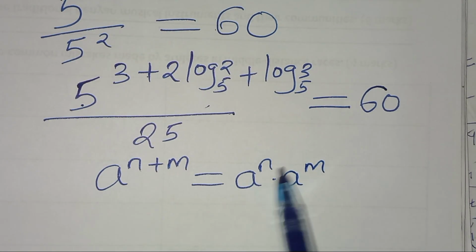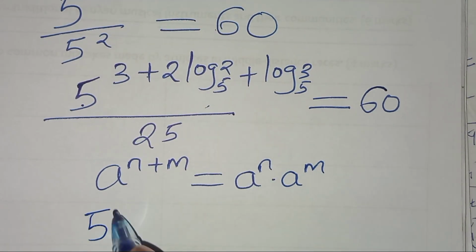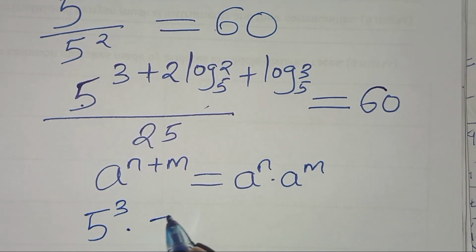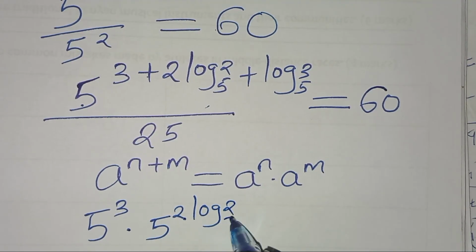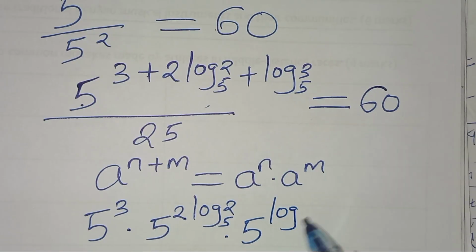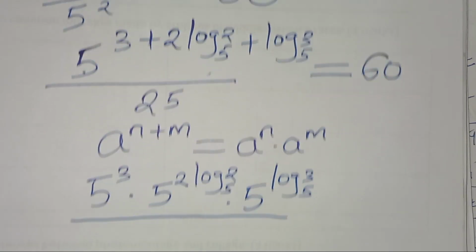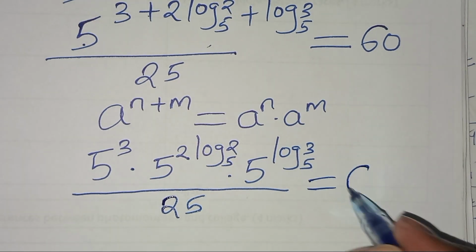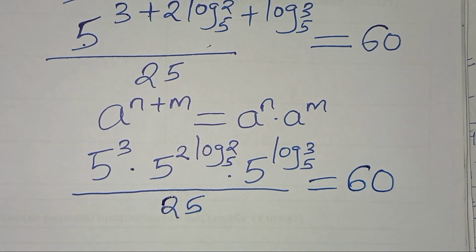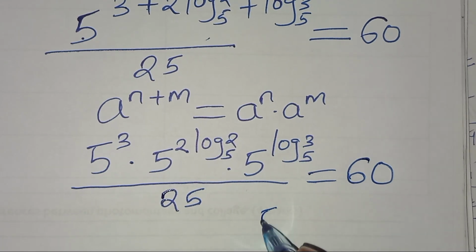Applying this exponent property, then we'll have 5 to power 3 times 5 to power 2 log 2 to base 5 multiplied by 5 to power log 3 to base 5, all this divided by 25. This should give us a value of 60. Now the next step here, 5 to power 3.